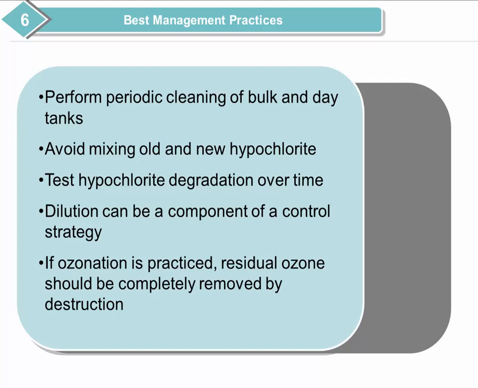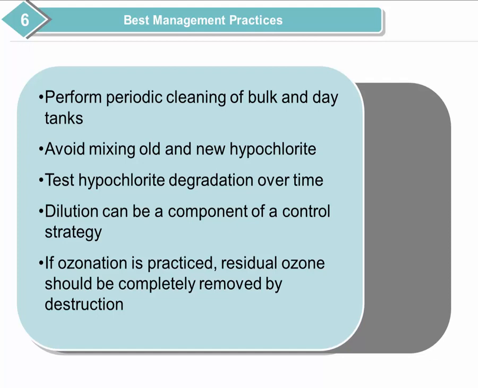Test hypochlorite degradation over time. A lack of monitoring of the free available chlorine (FAC) concentration in the stock of hypochlorite over time can lead some utilities to be unaware of hypochlorite deterioration and increasing concentrations of chlorate in the stored supply.